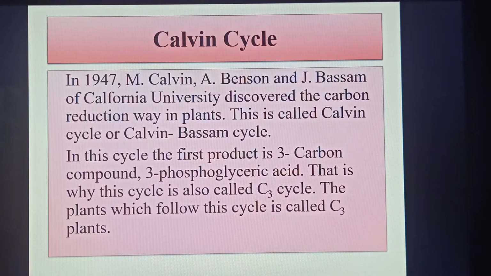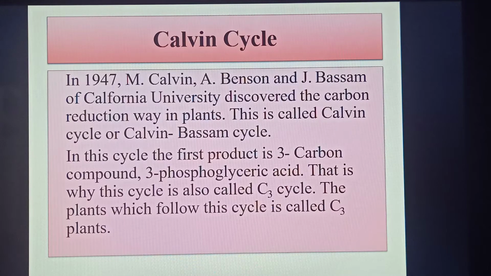What about the Calvin cycle? In 1947, scientists M. Calvin, A. Benson, and J. Bassham of California University discovered the carbon reduction pathway of plants. This is called the Calvin cycle or Calvin-Benson-Bassham cycle. In this cycle, the first stable product is the 3-carbon compound 3-phosphoglyceric acid, and for this reason this cycle is also called the C3 cycle.